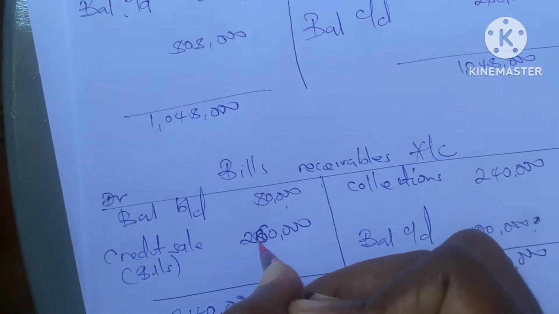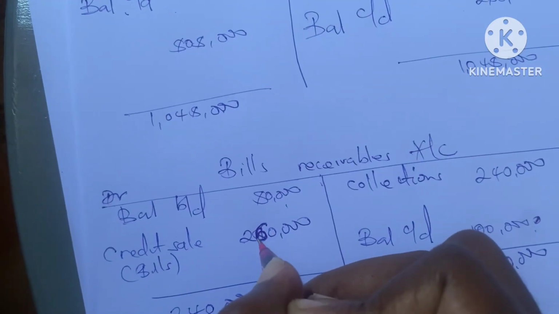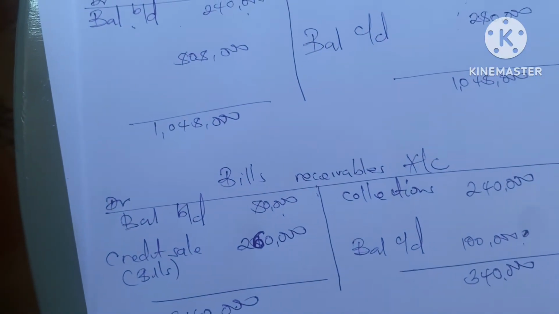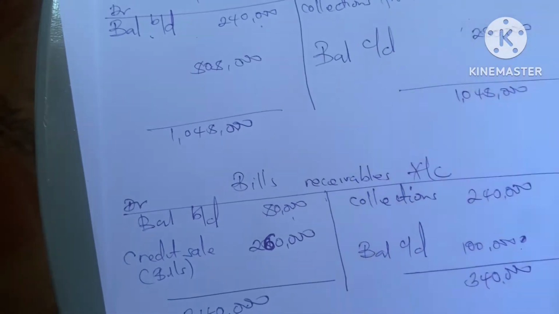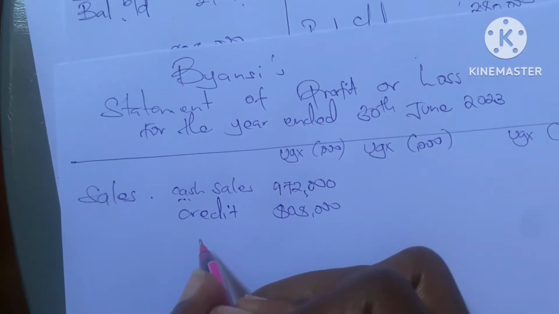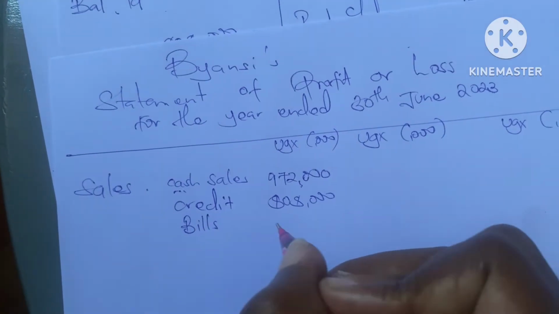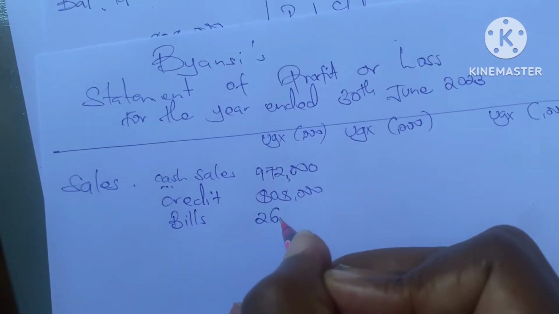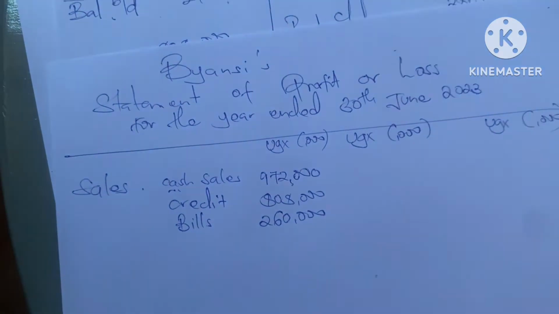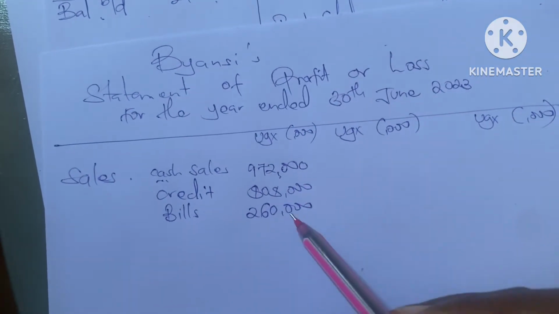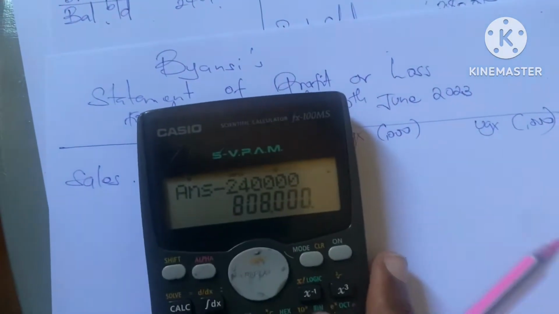Sorry, 260. Yeah, 260. So we come to our income statement. We write bills. It is 260. So when we add these, we get the total sales.